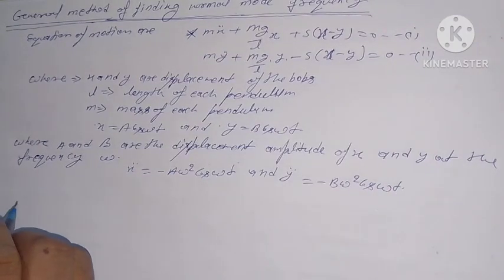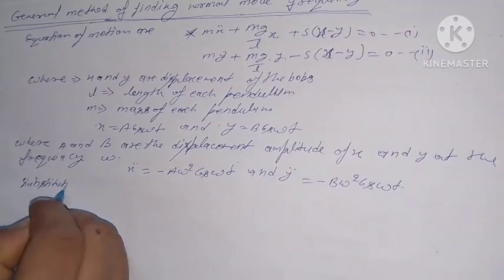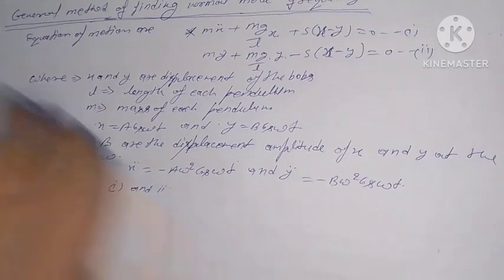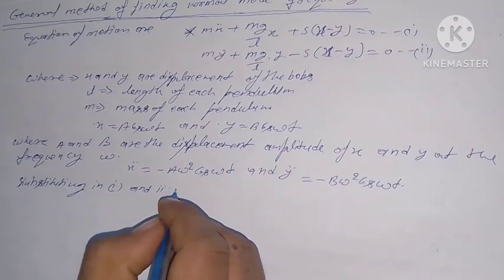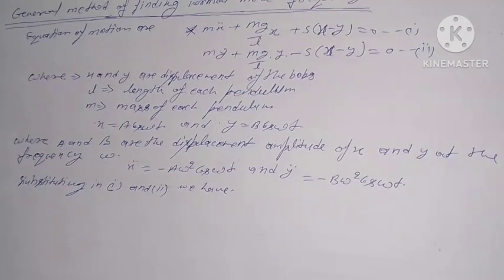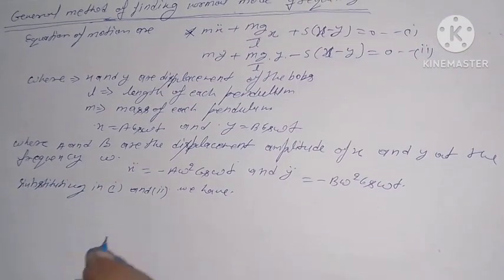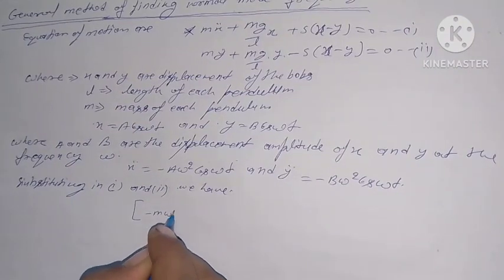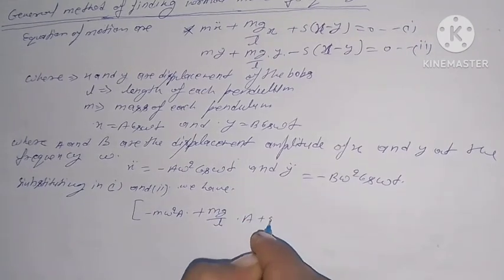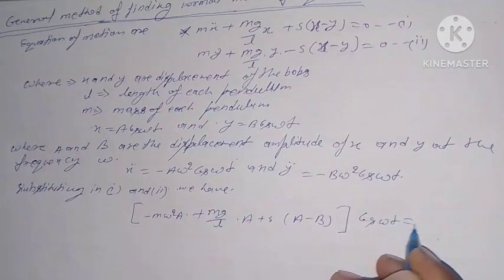Okay, substituting in equation number first and second, we have minus m omega square a plus mg by L into a plus s into (a minus b) cos omega t equal to 0.